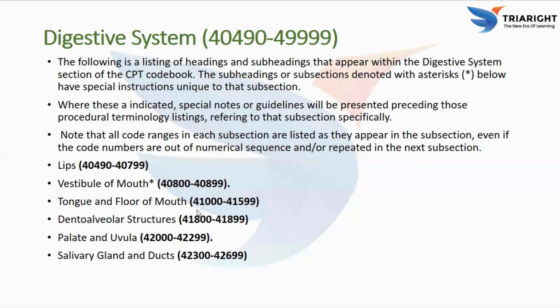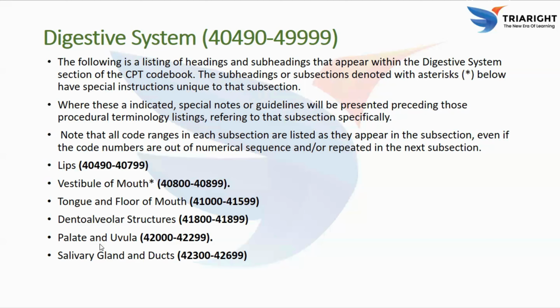Next is tongue and floor of mouth. The code ranges are 41,000 to 41,599. They include tongue biopsy, partial glossectomy and also ranula excision. Dento-alveolar structures include alveolar ridge, gingiva and also tooth supporting structures. Procedures are related to abscess drainage, bone smoothing and also alveoloplasty.